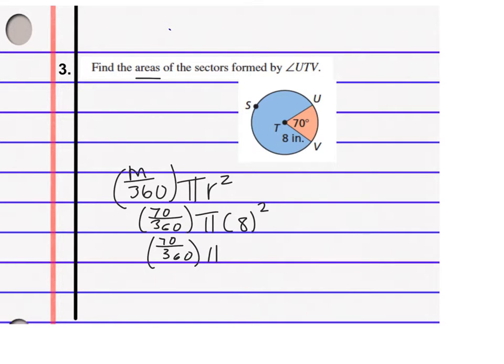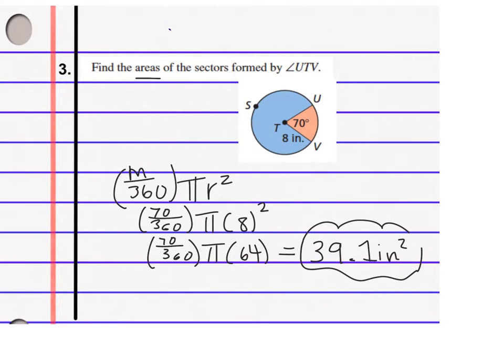And again, you can plug this whole thing into your calculator at once, and I'm getting 39.1 inches squared. So that would be the area of the circle sector. So you're just kind of using that formula, put the formula in a box, plugging and chugging.